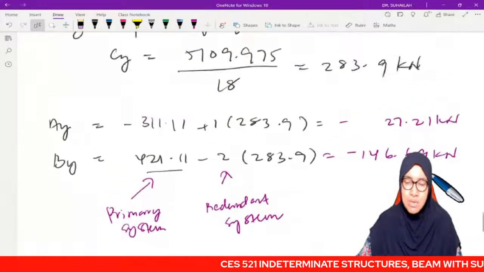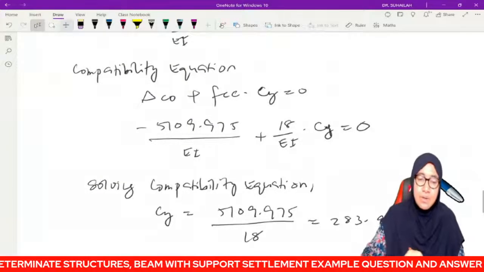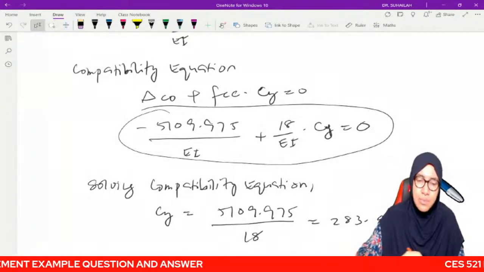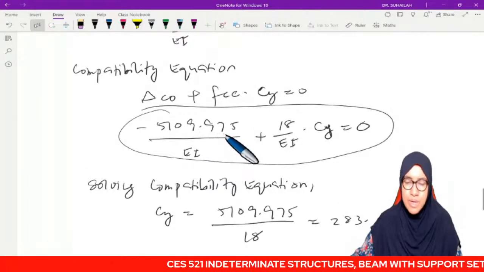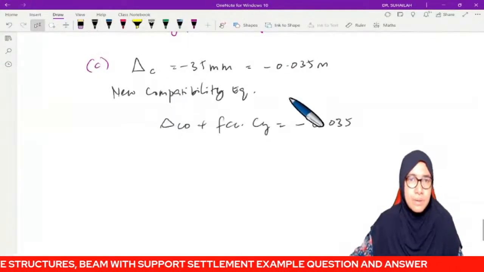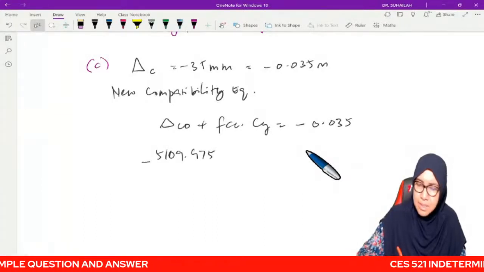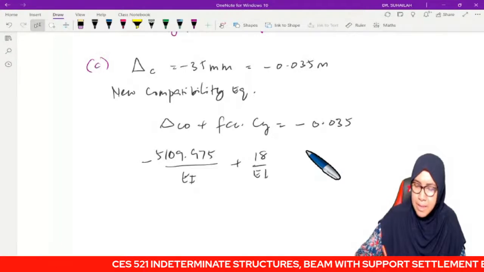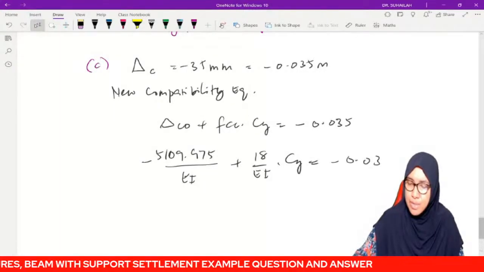So we take the compatibility equation again: negative 5109.975 over EI plus 18 over EI CY, equal to negative 0.035.